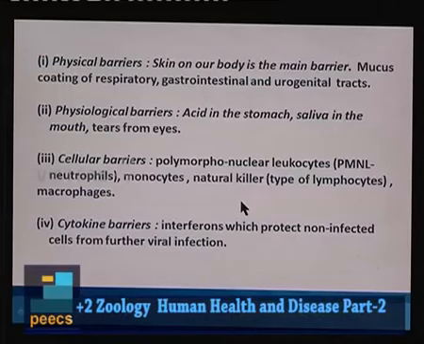And these interferons are further preventing attack on unattacked cells. So, interferons that are produced by virus attacked cells or host cells come under cytokine barriers. So, these are the barriers. All these barriers belong to our innate immunity.